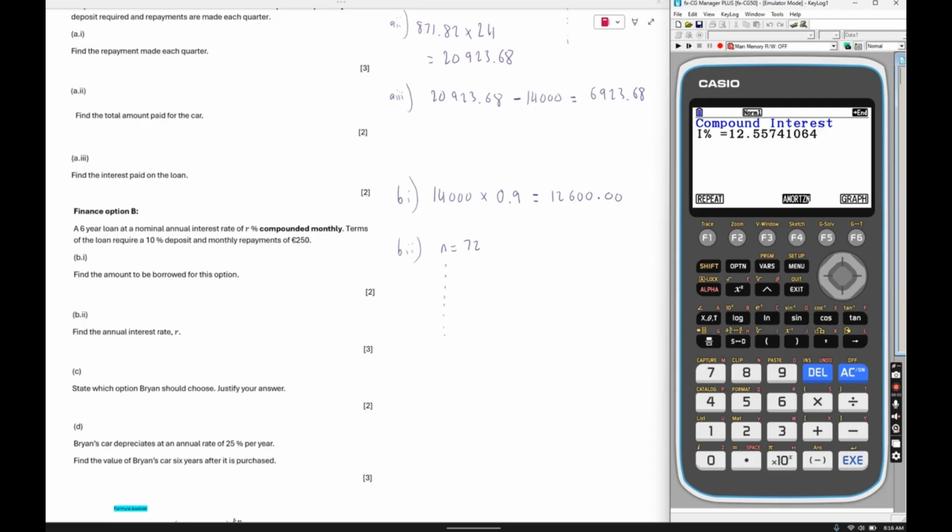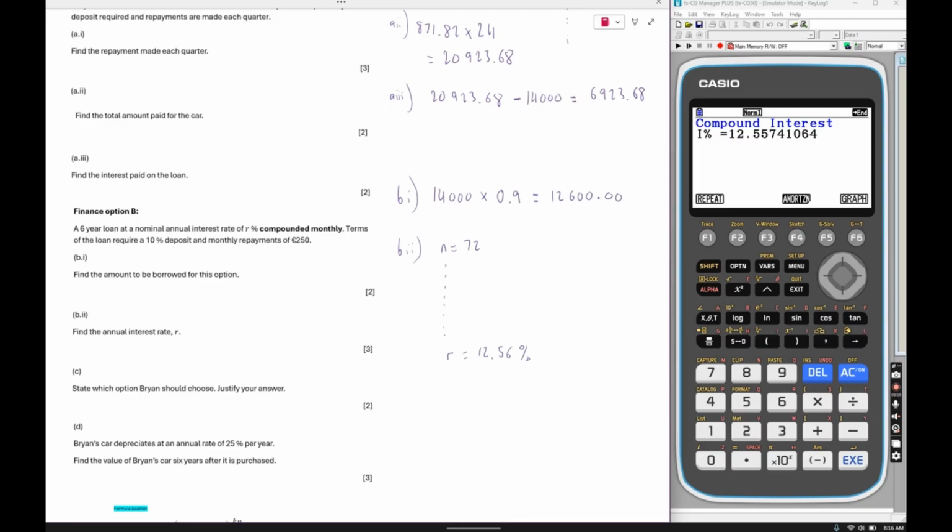Again, remember to write in all of the details down there that I have skipped over, but we get I% equals 12.56, and really it wanted it in terms of R, so actually I should say that R equals 12.56 percent, and that's your answer for the second part.